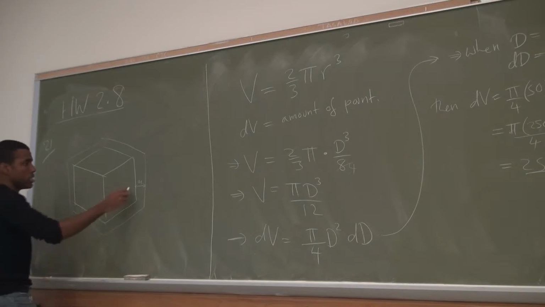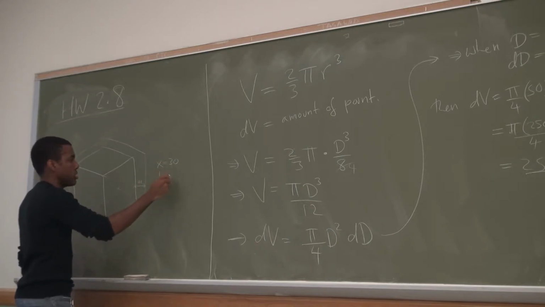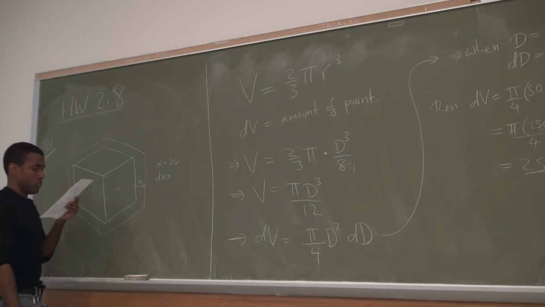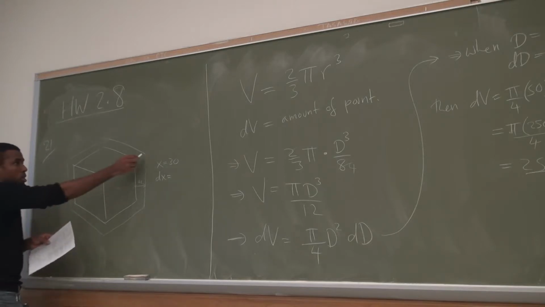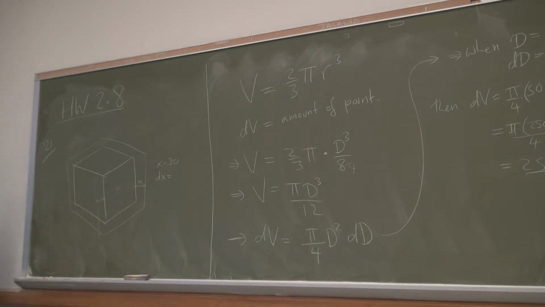If I call this distance here x, and I know that x is really 30, what would dx be in this case? 0.2, because it comes over on the other side too, right? There's a gap over here as well.